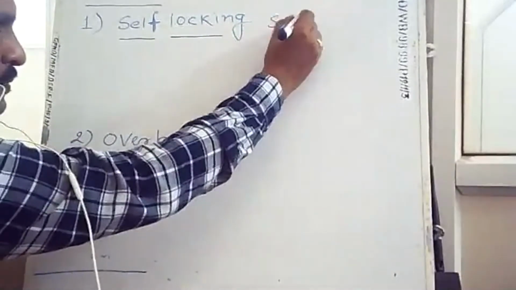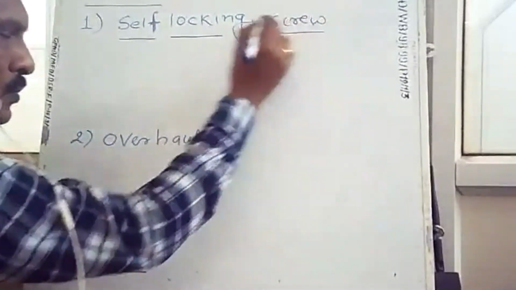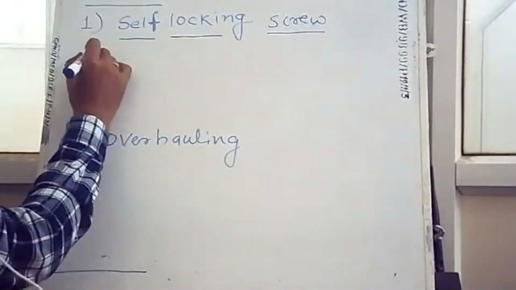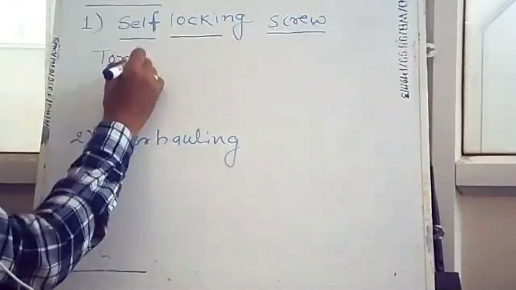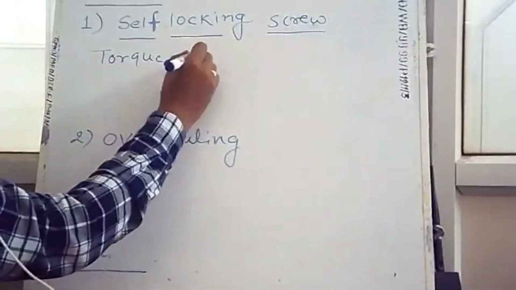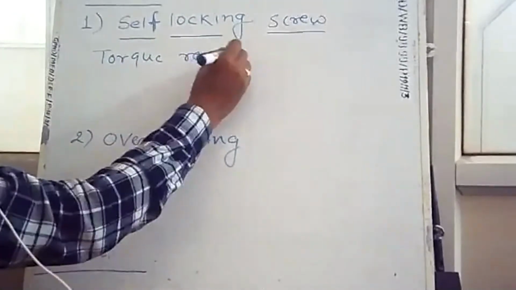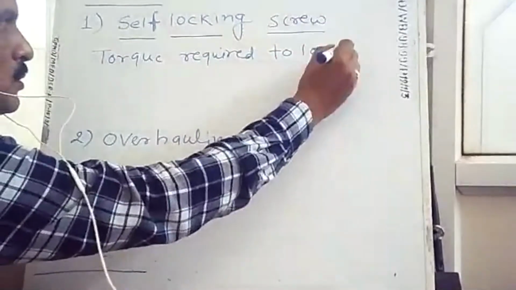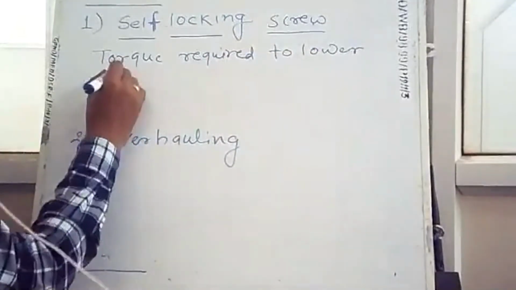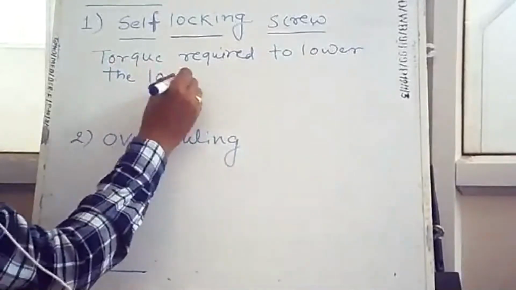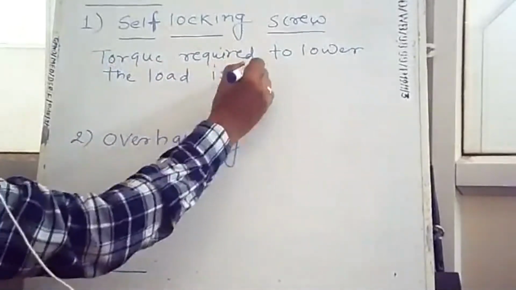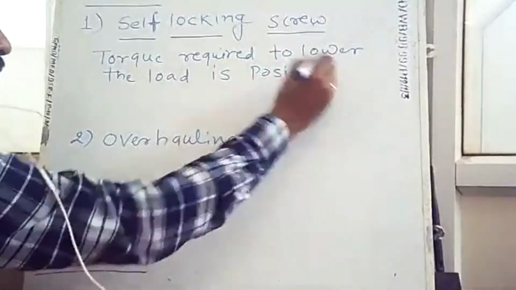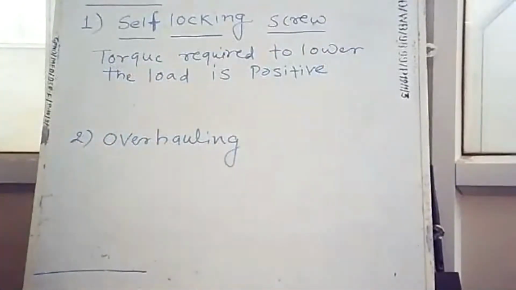A self-locking screw, or self-locking condition, is one in which the torque required to lower the load is positive. Okay, so this is the condition.